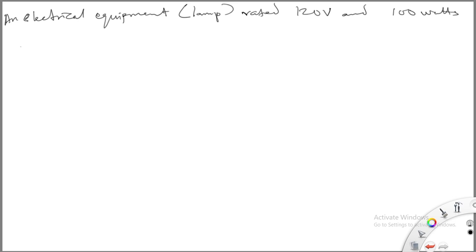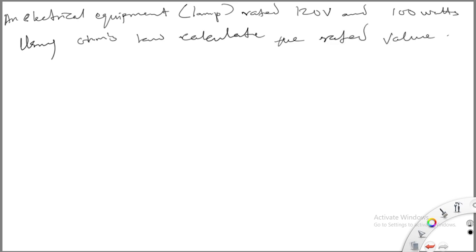Using Ohm's law, calculate the rated value of resistance of the lamp.